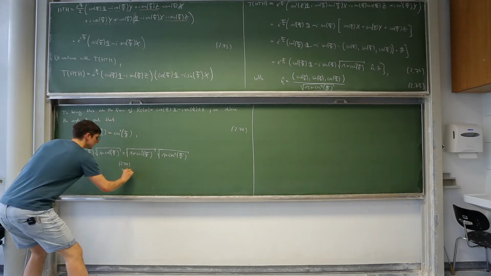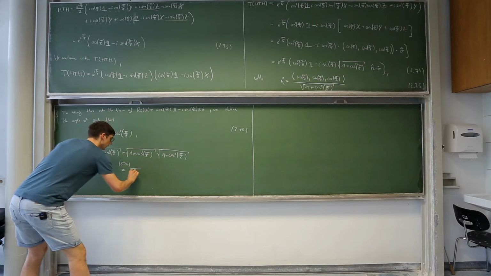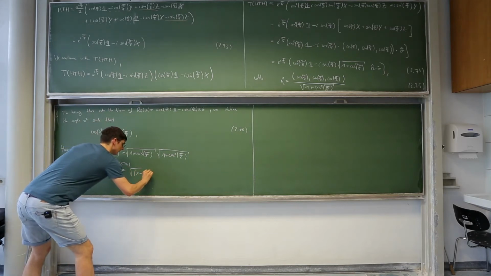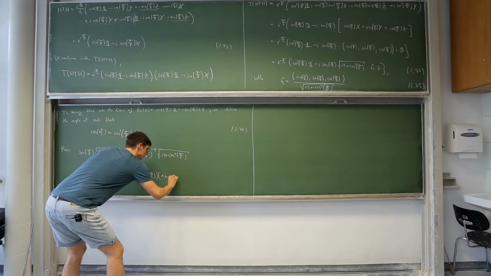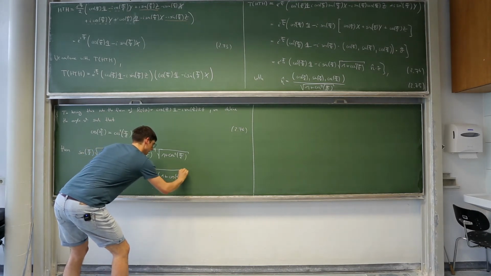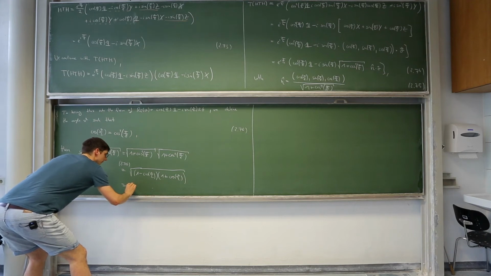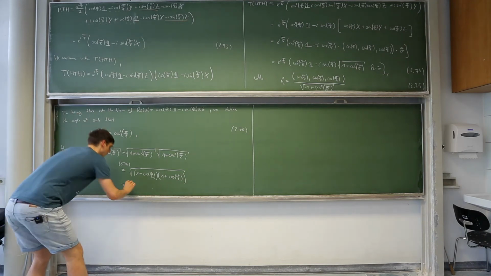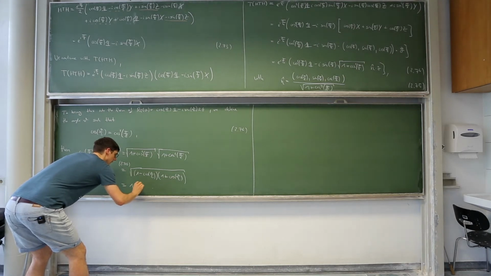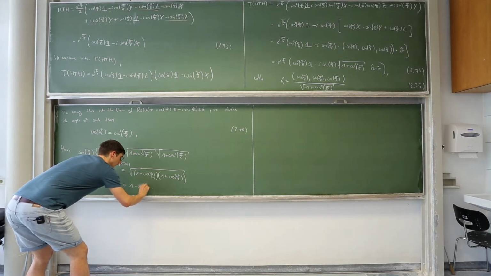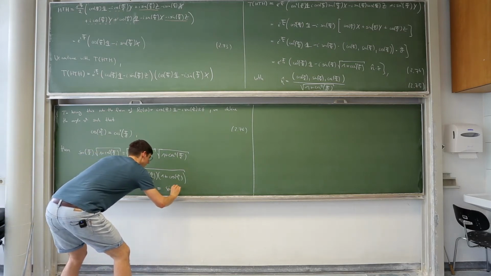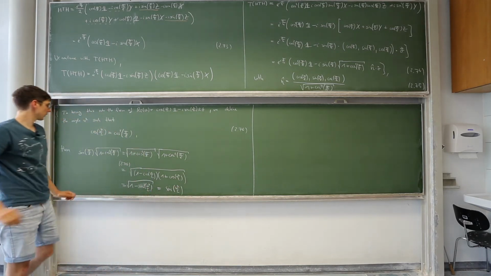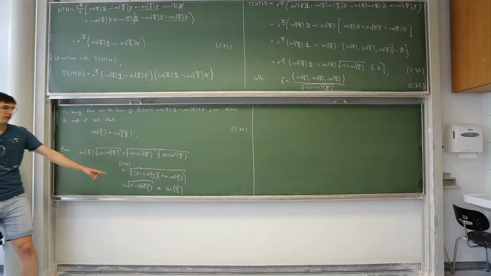Right, and then we have here the square root of 1 minus cosinus theta half times 1 plus cosinus of theta half, which is simply 1 minus cosinus squared of theta half, which is equal to the sinus of theta half. Okay, so what's written here is simply the sinus of theta half.